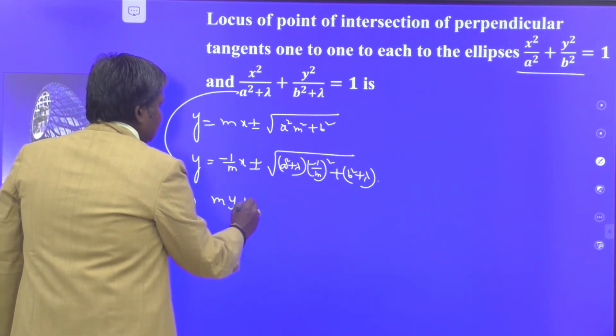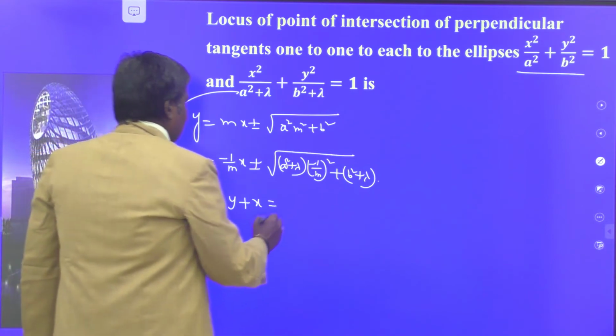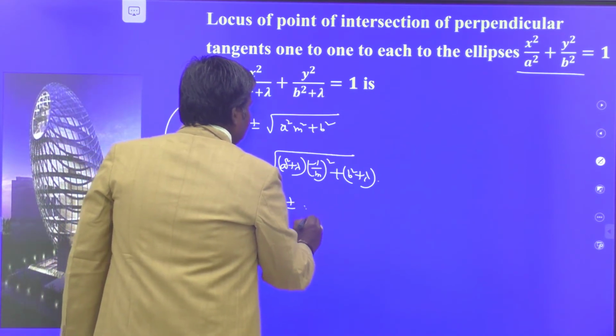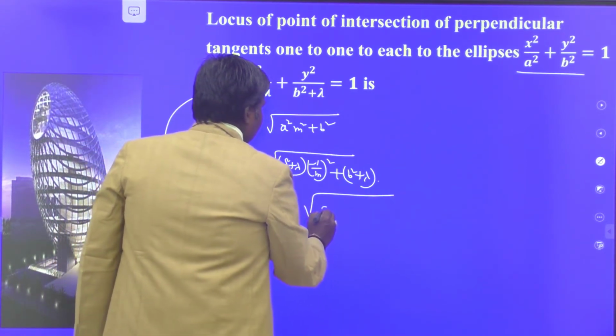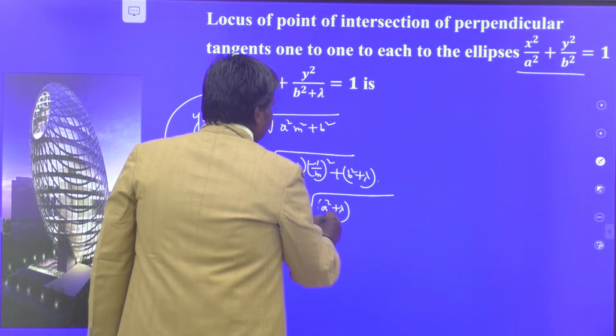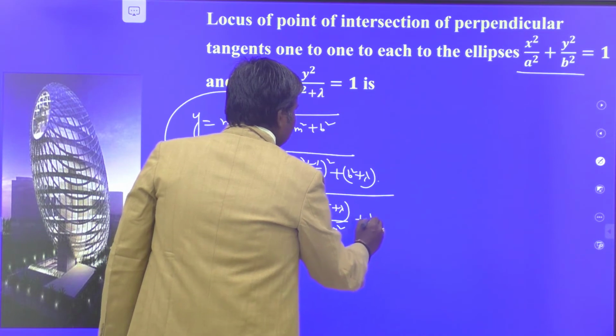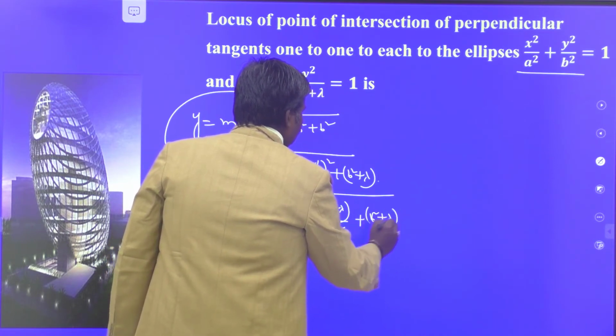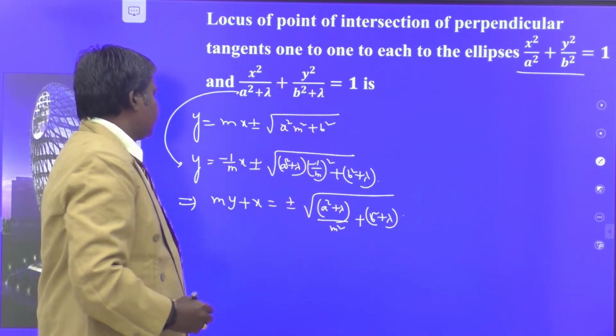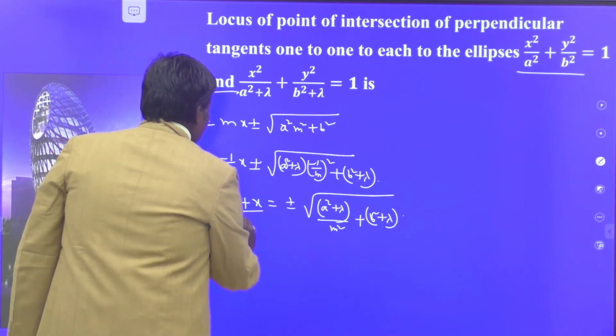My plus x is nothing but plus or minus root of a square plus lambda by m square plus b square plus lambda. This is by m also there.